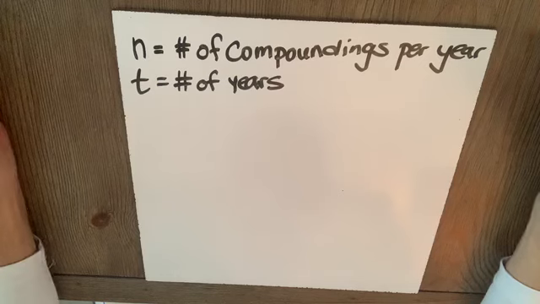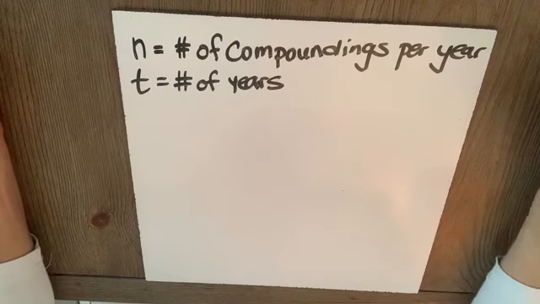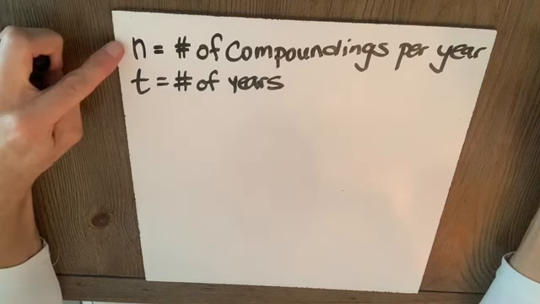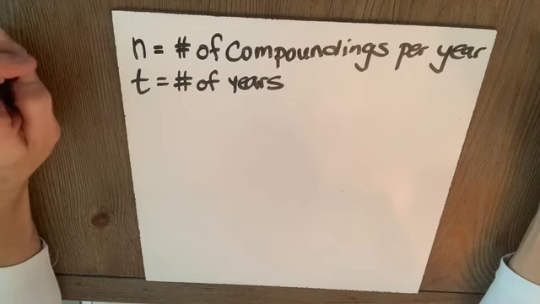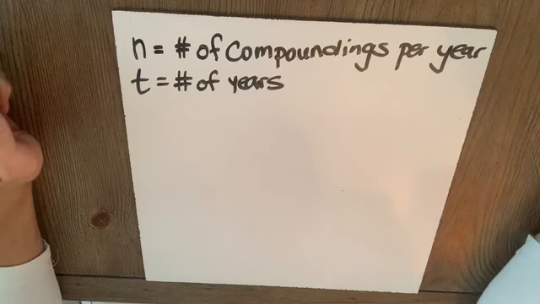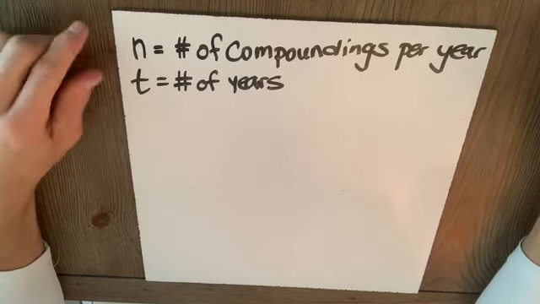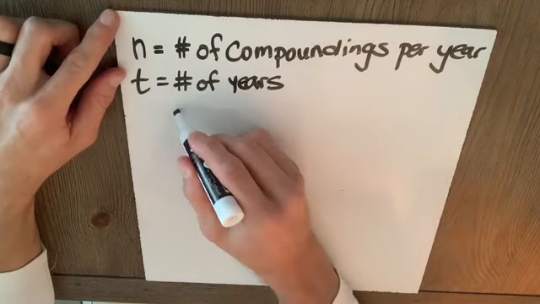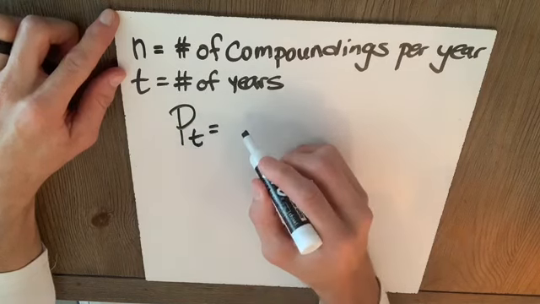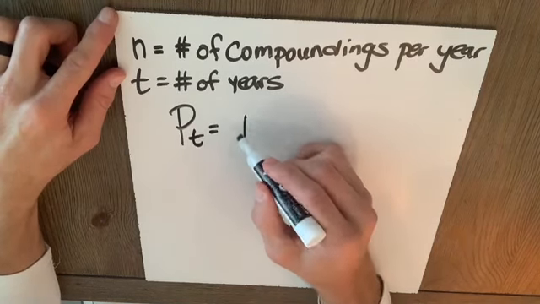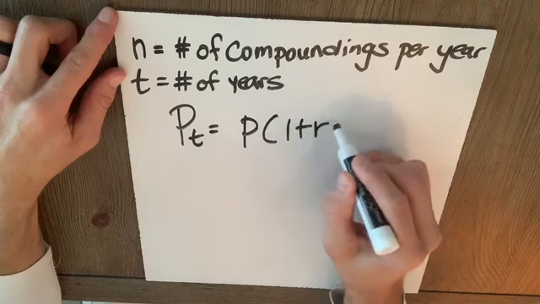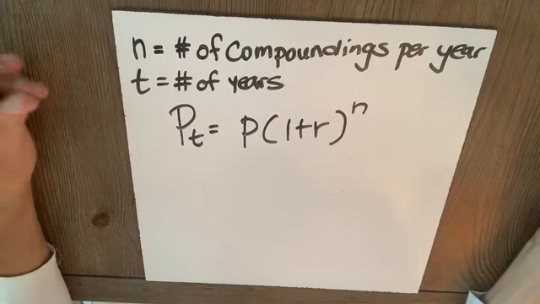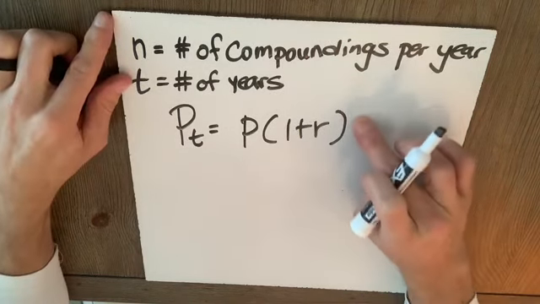One little tricky issue here is that we don't always compound once per year. So let n, this variable, equal the number of times we compound per year, and t be the number of years. So our equation was P of t equals P times 1 plus R to the t.